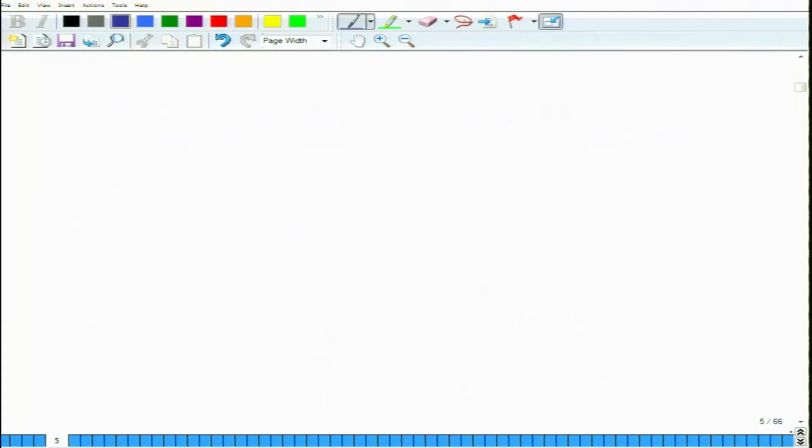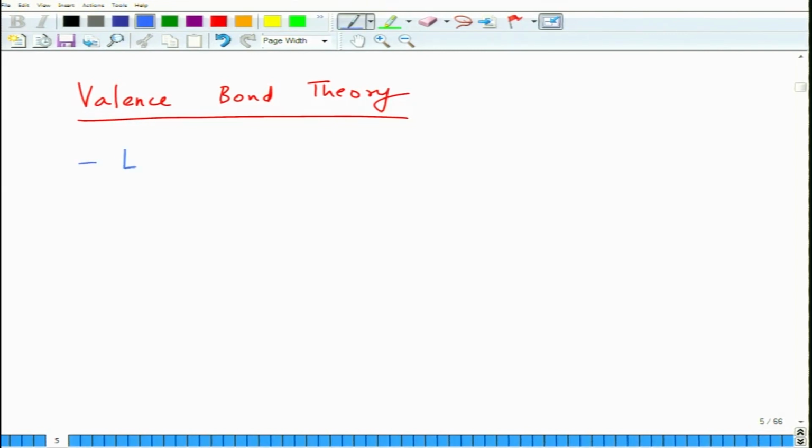Okay. The covalent bonding typically takes place by, so the theory which is about covalent bonding is called valence bond theory. Now this valence bond theory basically started with people like Linus Pauling. He was a famous physicist or chemist, you can say solid state quantum mechanics person.